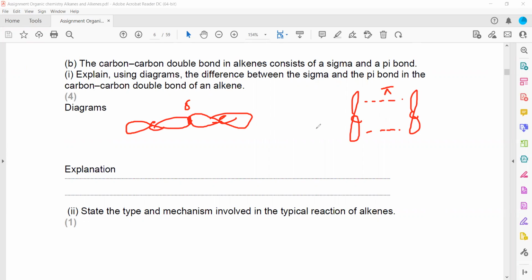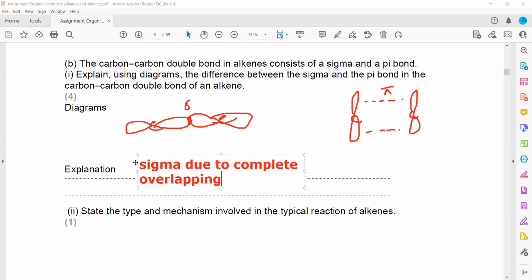This will result in the formation of a pi bond. So the sigma bond is due to complete overlapping, and the pi bond is due to partial overlap.